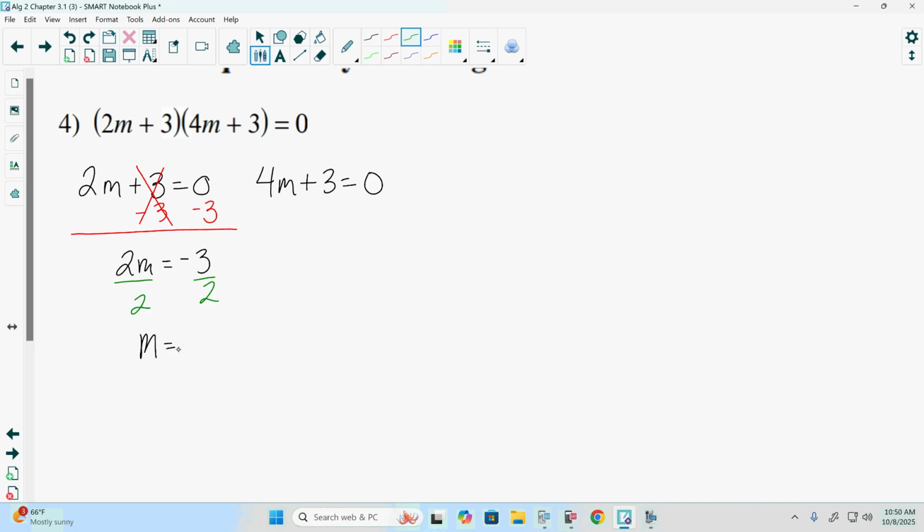Does negative 3 divide by 2 nicely? No, it doesn't simplify, so we can just leave it as negative 3 halves. So one of the two solutions is that m is equal to negative 3 halves.